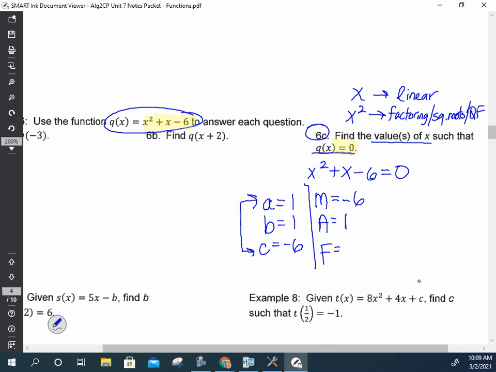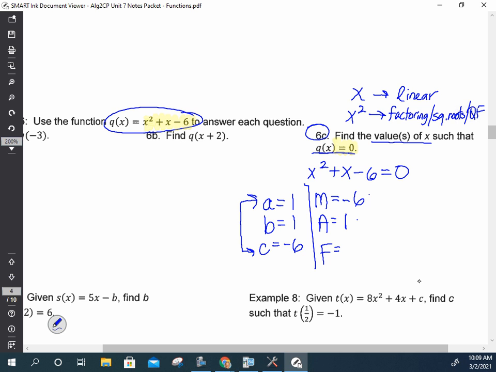So we need two numbers that multiply to negative 6 and add to 1. Anyone got those? I heard 3 times negative 2.